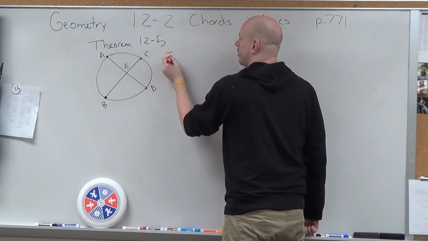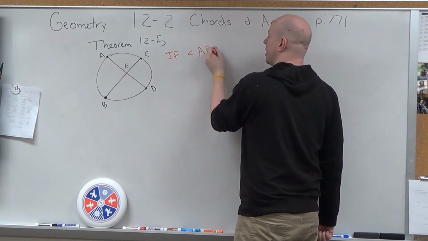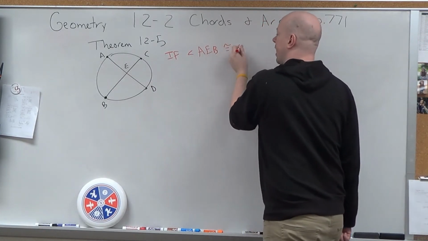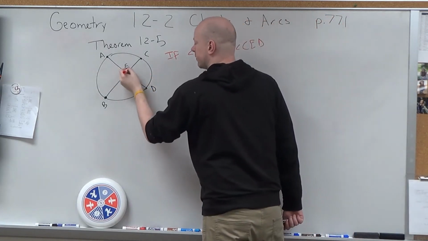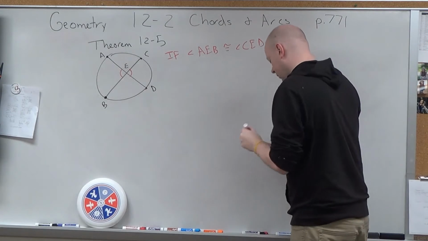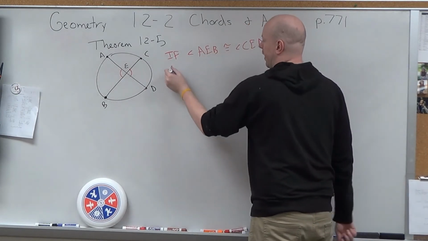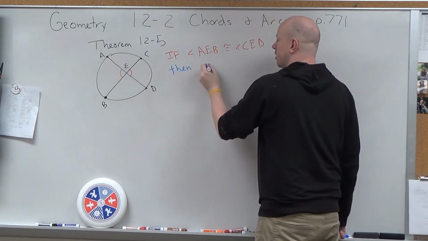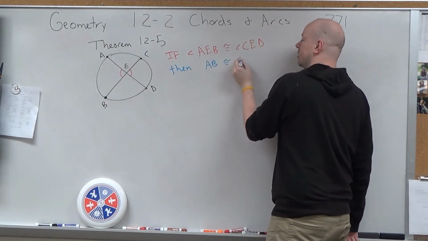So, if angle AEB is congruent to angle CED, then, again, another conditional, AB is congruent to CD.